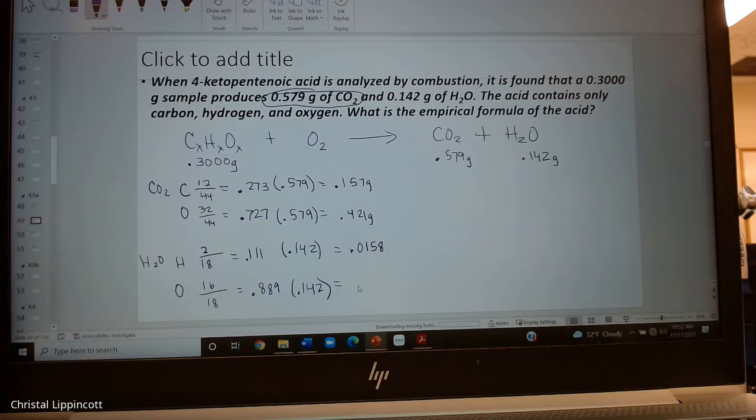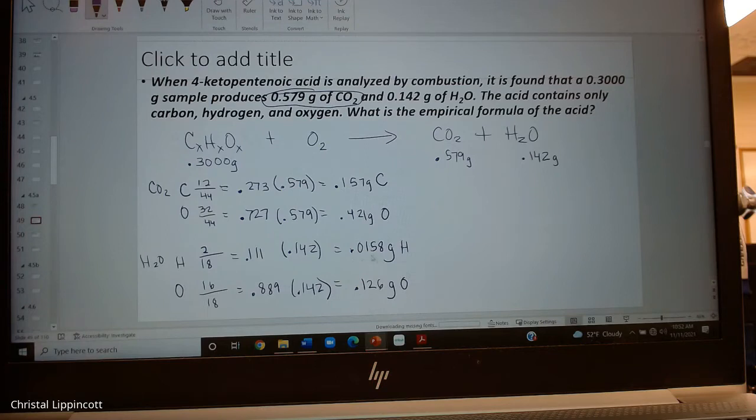0.0158 here and 0.126. This is going to be my grams of oxygen in that water. This is going to be my grams of hydrogen in that water. So if we follow through our conservation of mass, the grams of carbon in this material has to be this amount.